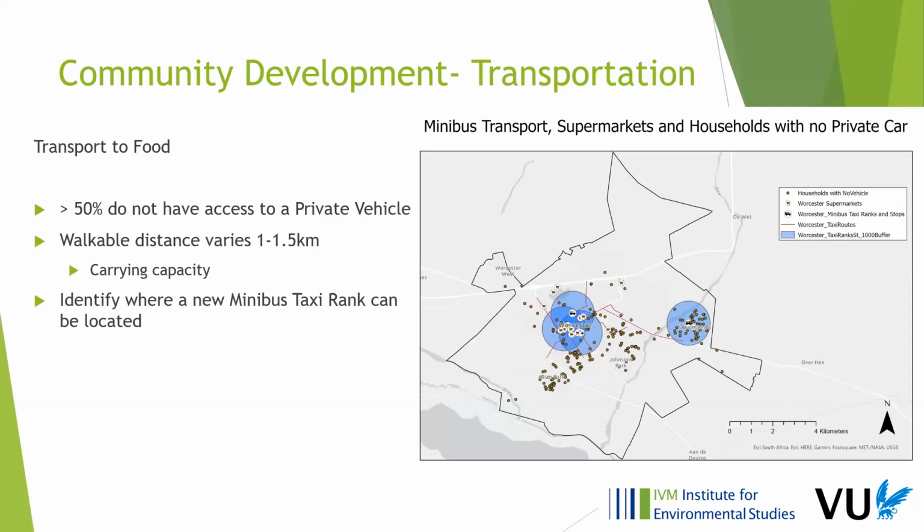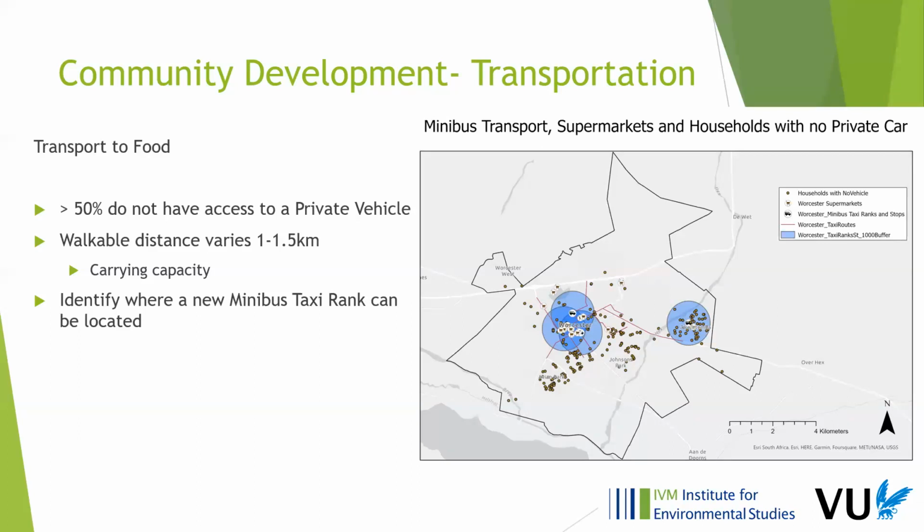Another application of spatial analysis is in transportation. Here, I wanted to look at the transport to food, mainly because we recognize that most households, especially low socioeconomic households, do not have access to a private vehicle. So they are dependent on transit or walking distance to get their food at local supermarkets.